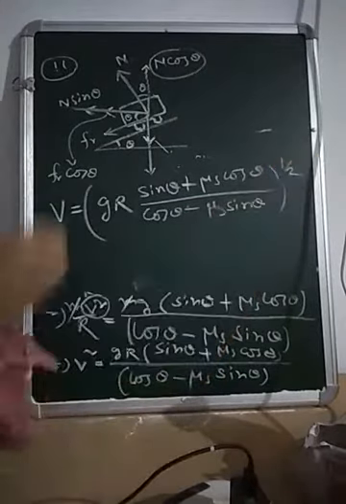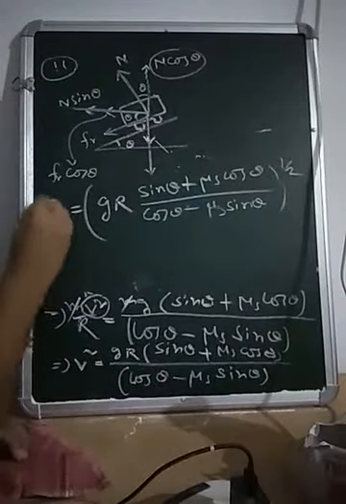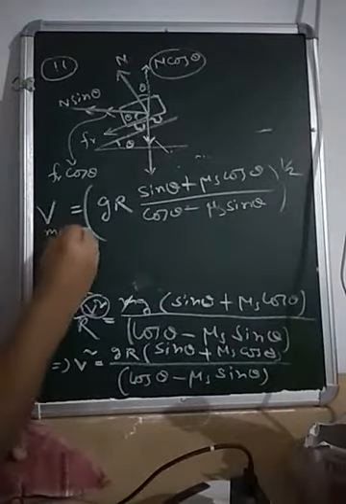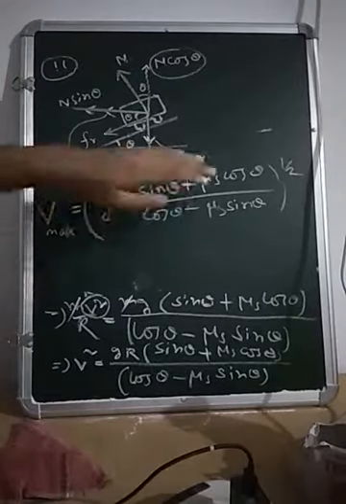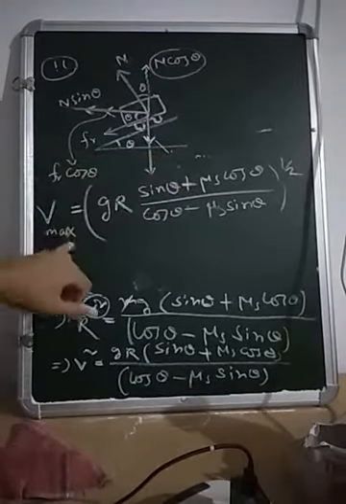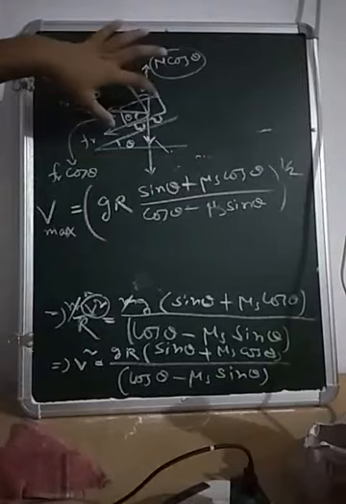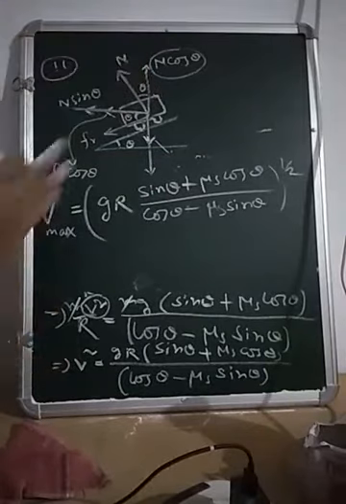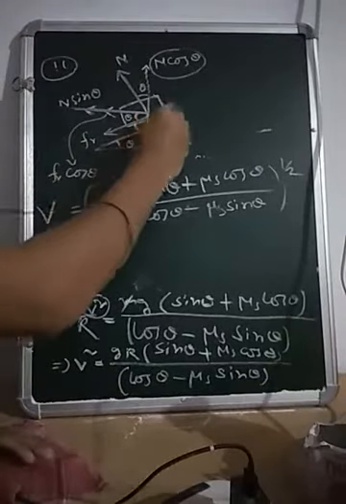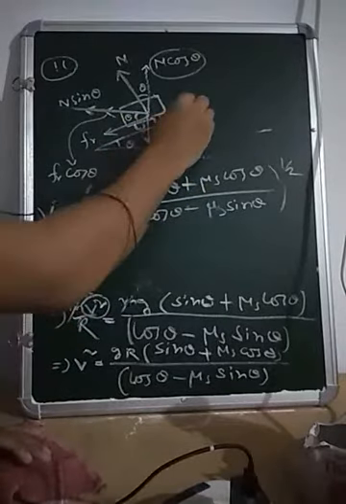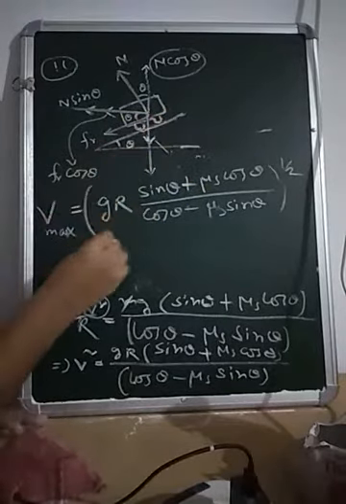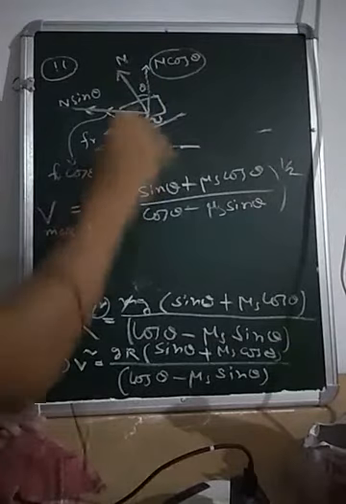This is the value of v. See, this is the v max. That is, in the case of a banked road, this is the maximum velocity at which a car can take a circular turn, okay.